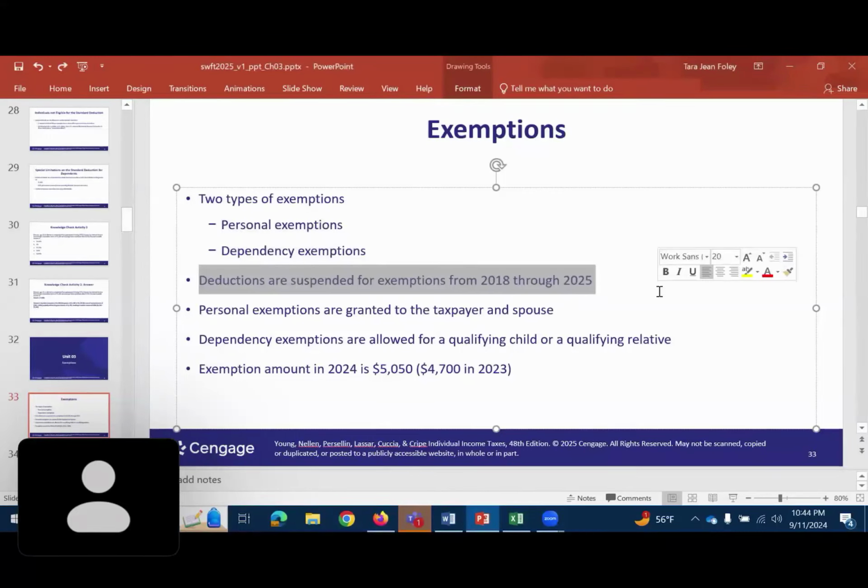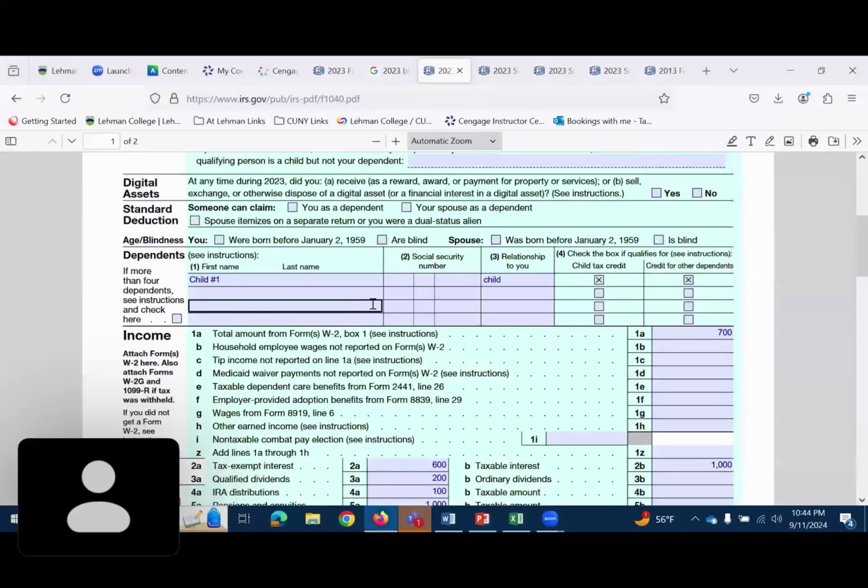Okay. Now, on this page, I can have a dependent that does not qualify for the child tax credit or does not qualify for a credit for other dependents, which we're going to get to in the rest of this chapter.